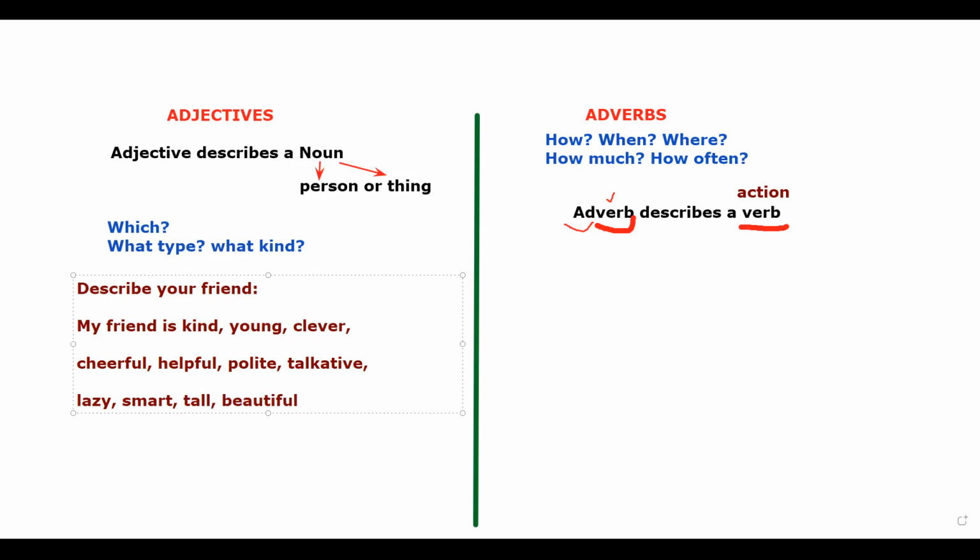So all of these words are describing different qualities of a person, right? So we are describing a person. Also, we can describe anything, right? Just like this. So we can use different examples and just describe anything.